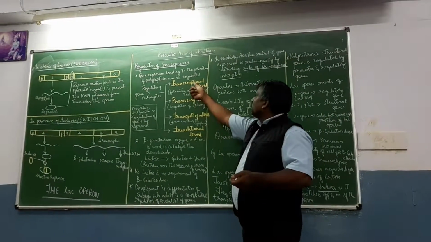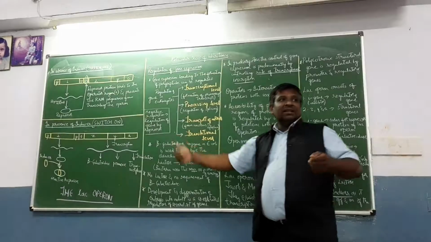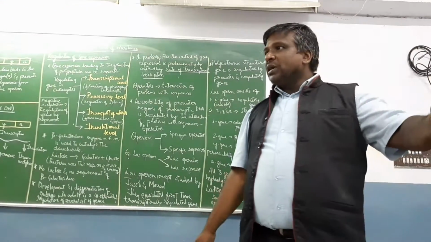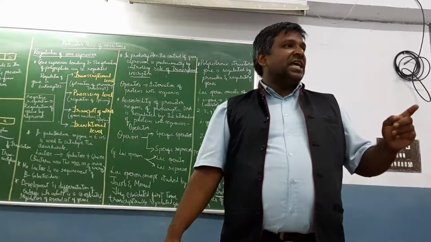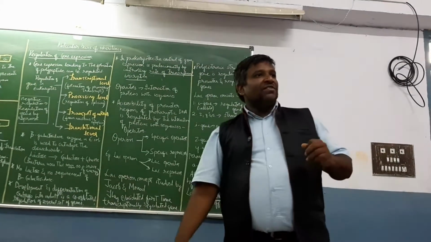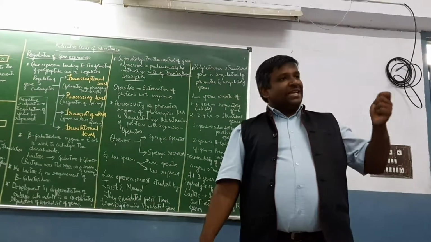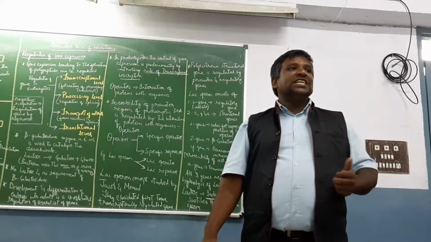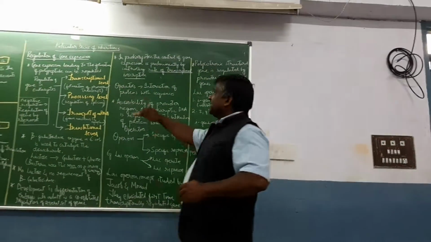Majority of the times it is only at the transcriptional level. Switching on genes in prokaryotes takes place at the transcription level. Whereas in eukaryotic organisms, the switching on and switching off of genes can take place at various levels.